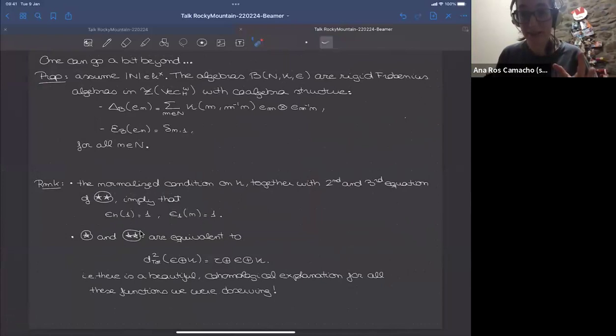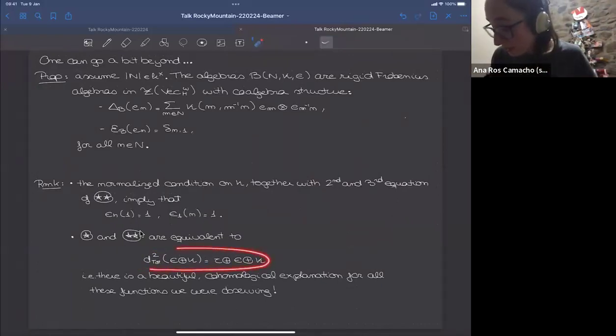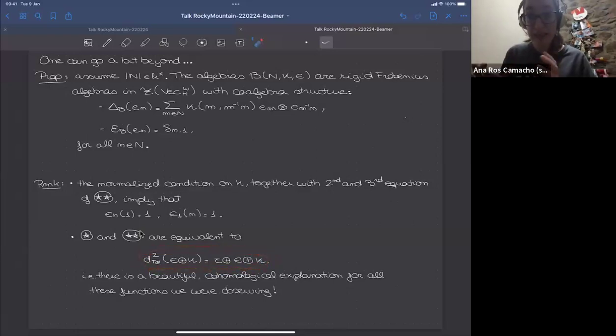This is related to the cohomology of cross products of groups. And these conditions are equivalent to this condition on the total complex that one can define using the normal subgroup, the subgroup and the group all together. And it reduces into something really synthetic, really nice, really simple. And there was an explanation of why we were seeing all these functions here and there, and behaving in this particular way.